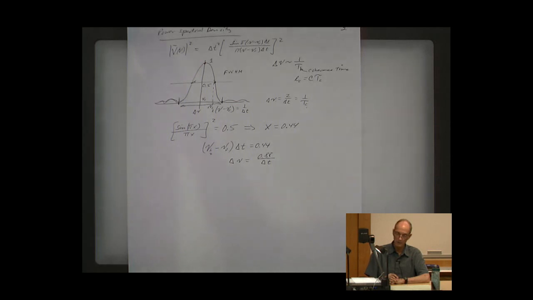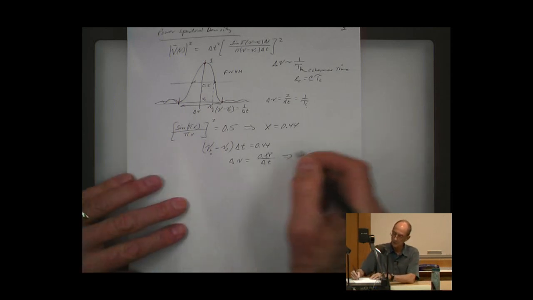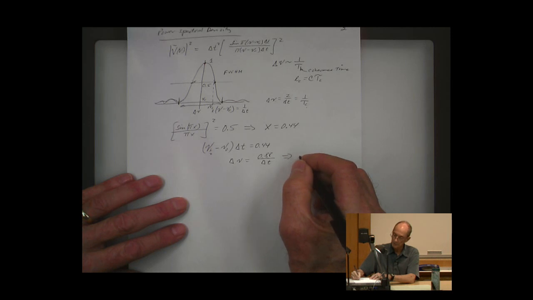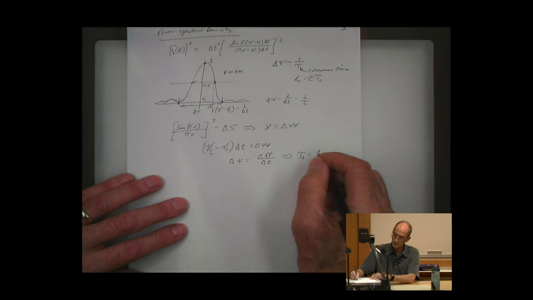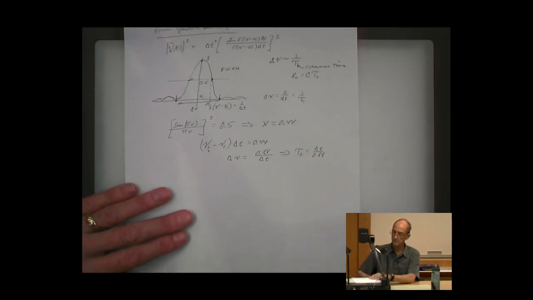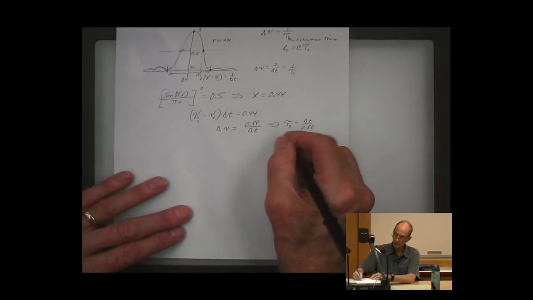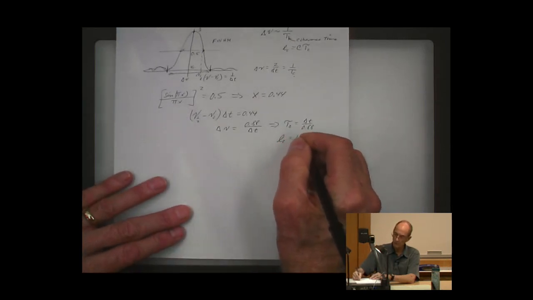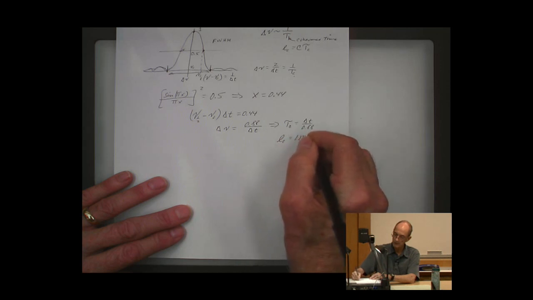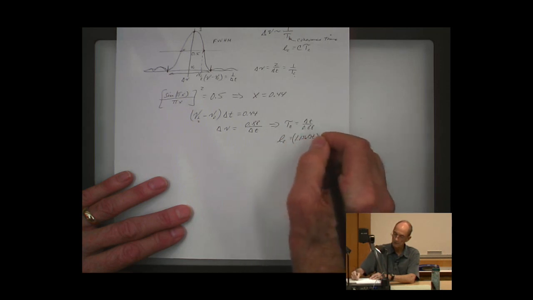So again, this then gives us a value for our coherence time, because now the coherence time is going to be just delta t over 0.88. All right. And the length L coherence is about 1.136 delta t times c.